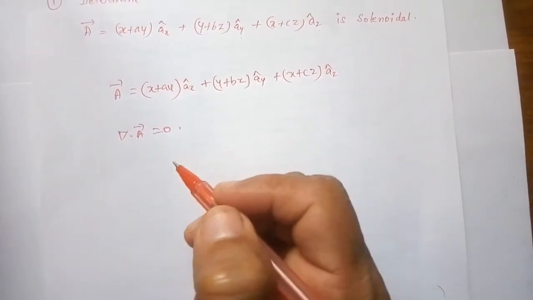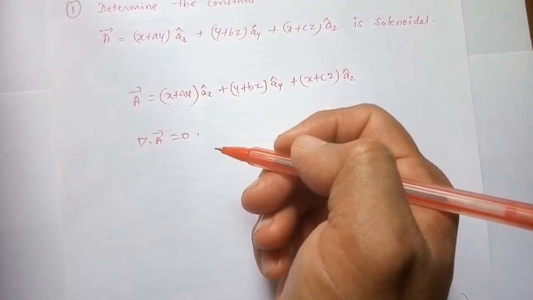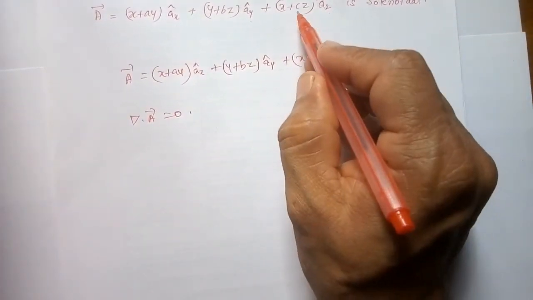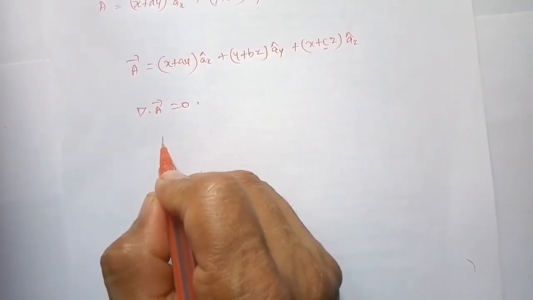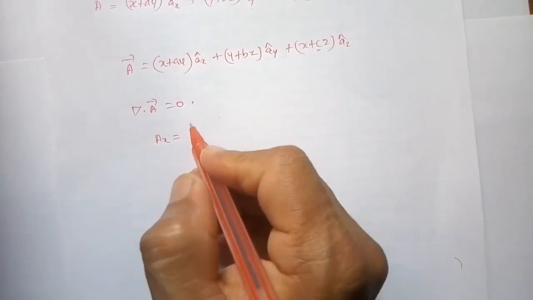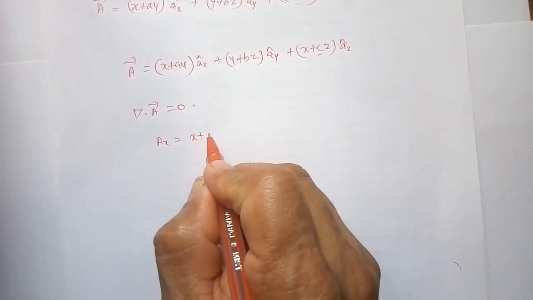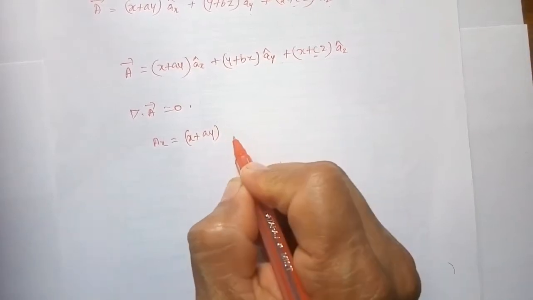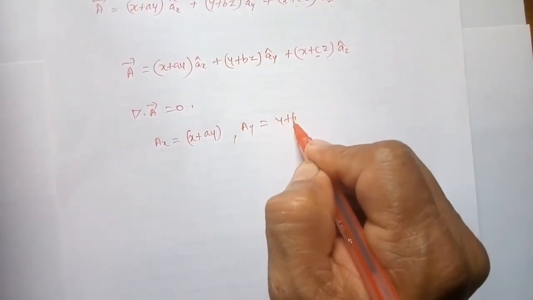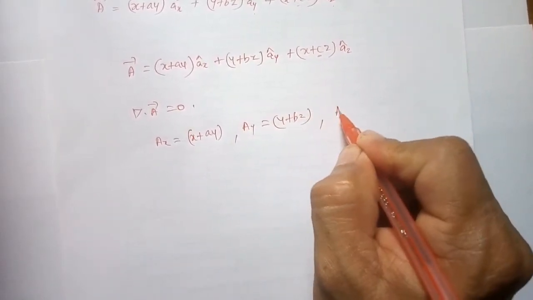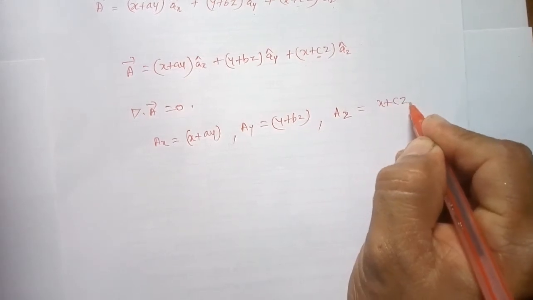Let us find the divergence first, then equate it and find the constant c. First, the components: Ax, the x component of the vector, is x + ay. The y component is y + bz. Az, the z component, is x + cz.